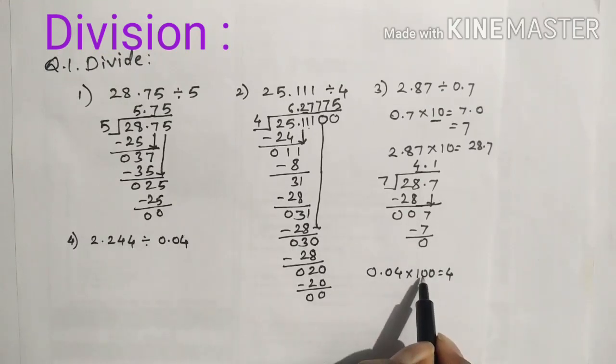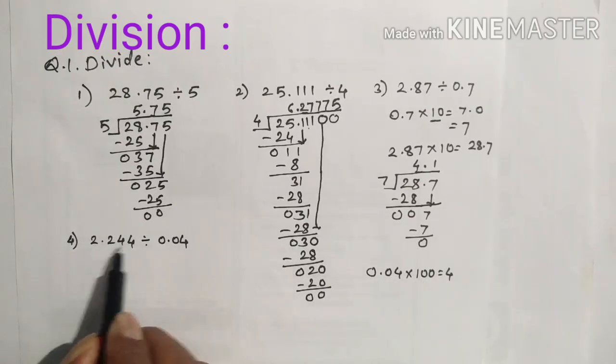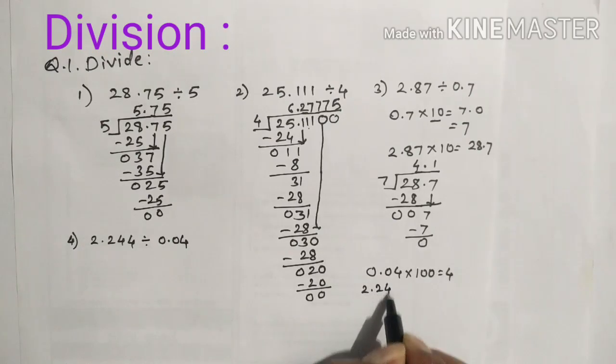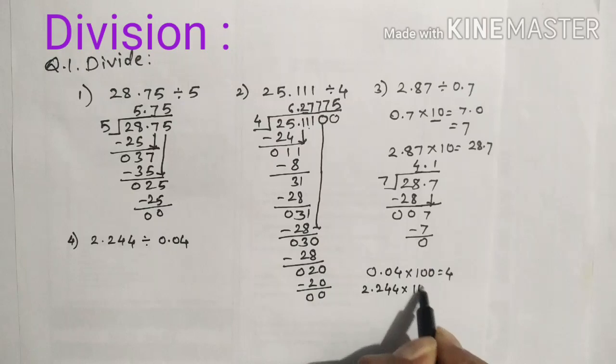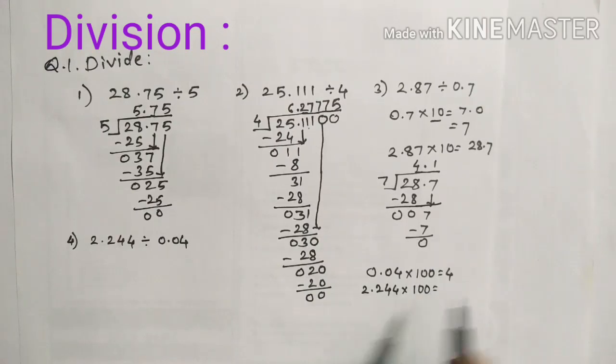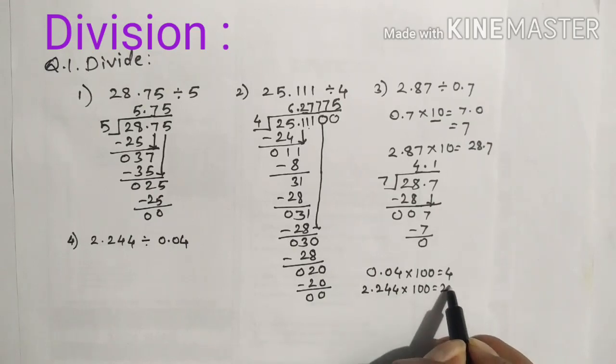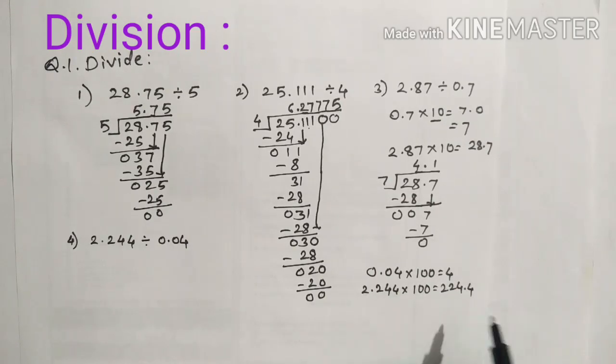Now we have multiplied the divisor by 100, so we have to multiply the dividend also by 100, that is 2.244 multiplied by 100, and the decimal point will jump after two digits, means it will become 224.4.